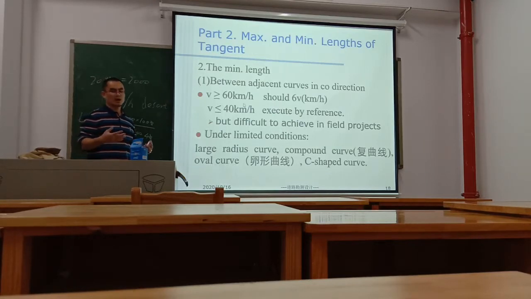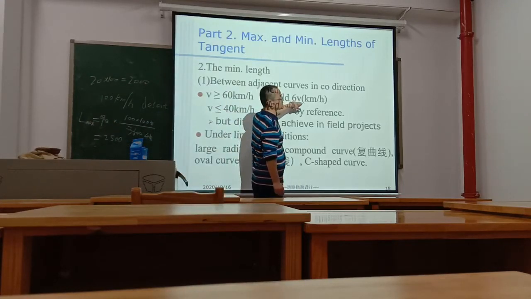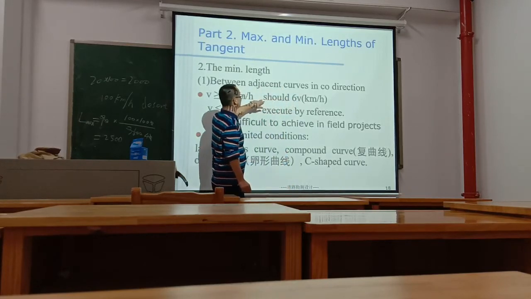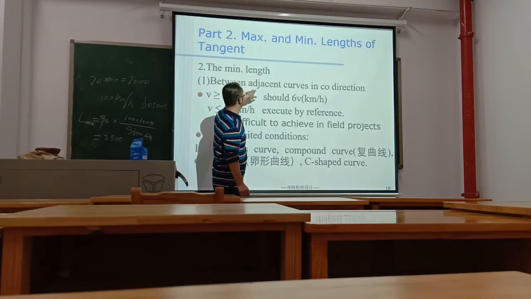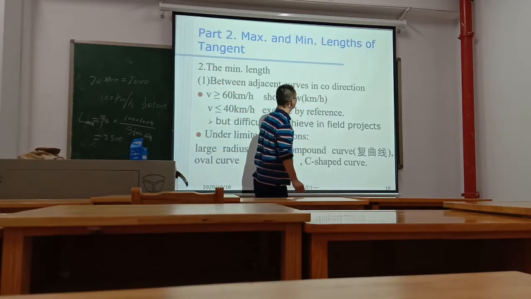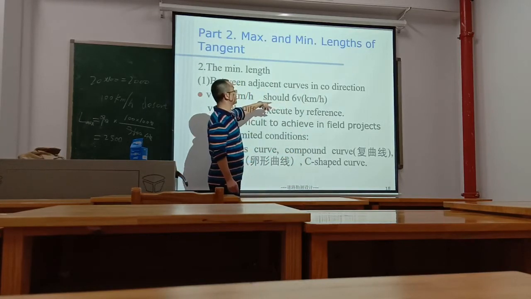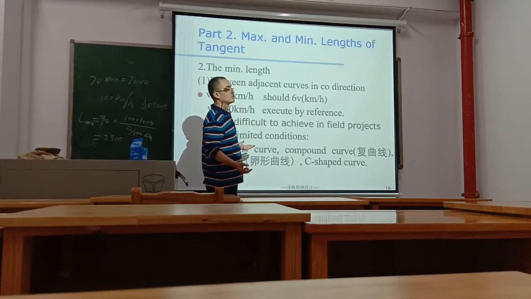If the length of the straight line between adjacent curves in the same direction is less than the minimum length, it is very small.